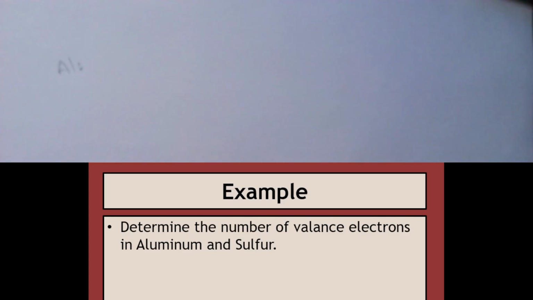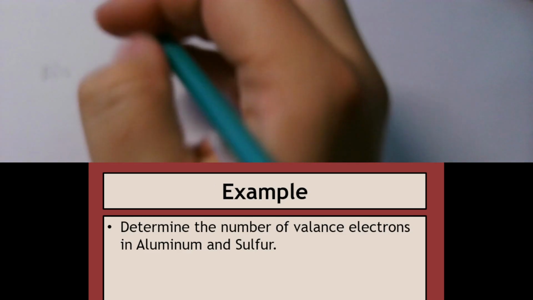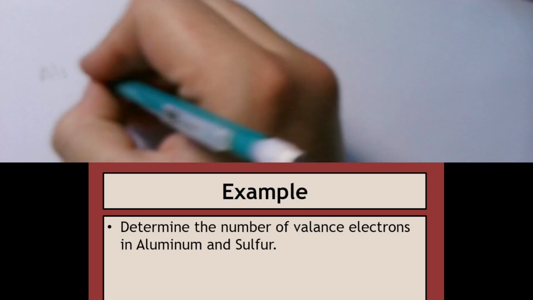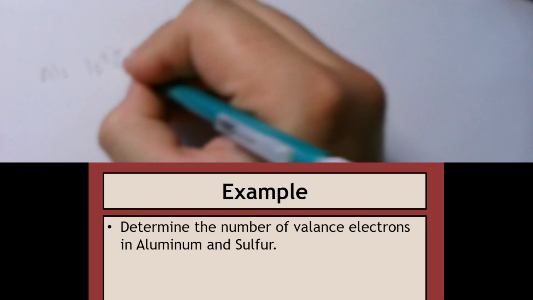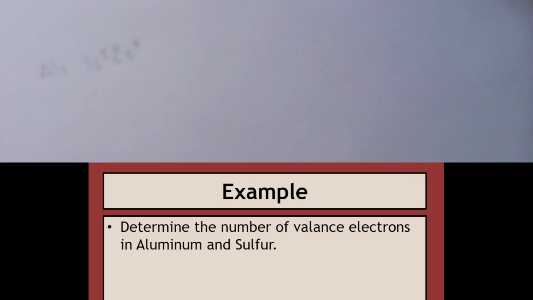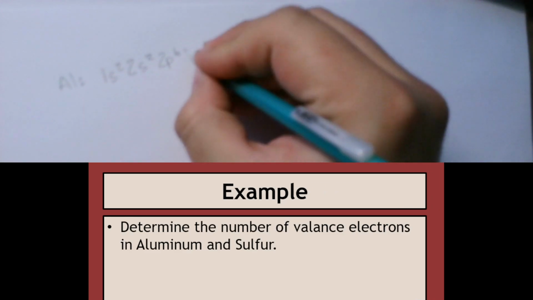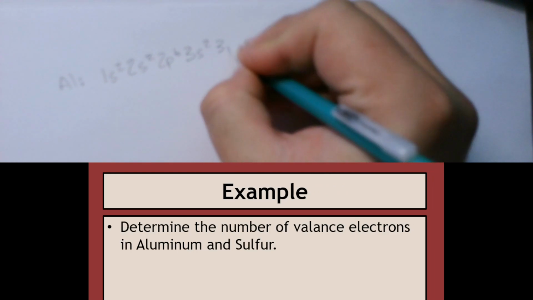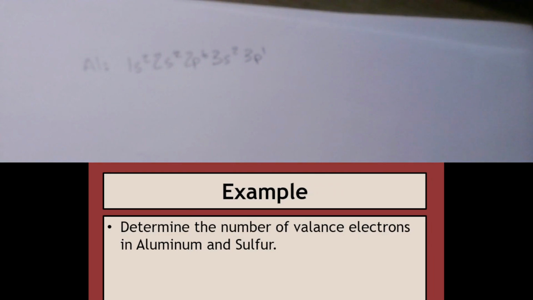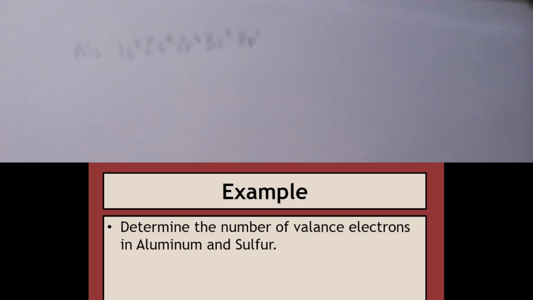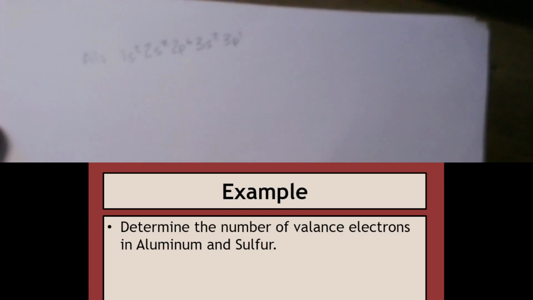Let me focus on that a little bit better. Give it a second there. I'm going to start writing 1s2, 2s2. That usually helps it pick it up. There we go. 2p6, 3s2, 3p1. Work with me. Zoom out a little bit.